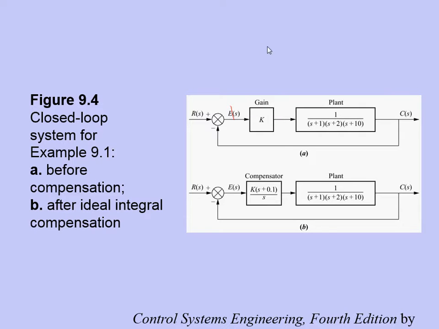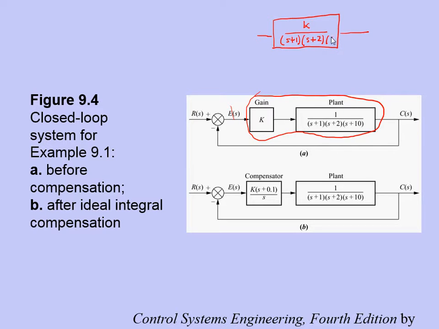And so this whole thing, that is a block that, as far as the computer is concerned, is going to be like this: k divided by s plus 1, and then s plus 2, then s plus 3. No, s plus 10, excuse me.